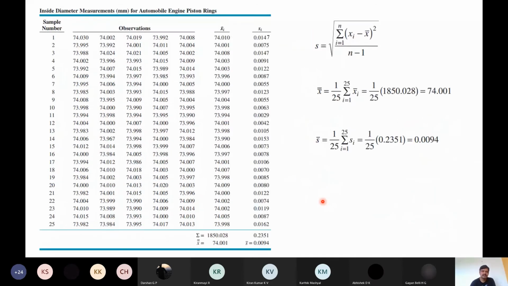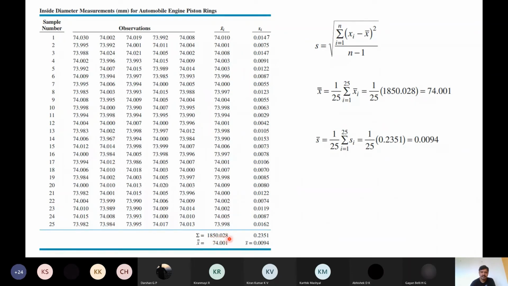Next, as I told you, the procedure to find out X bar is the same as what we did for the X bar and R chart. Same concept. Add all 5 values, divide by 5, you will get this value. Next, add all 25 values, so you will get this number, 1850.028.